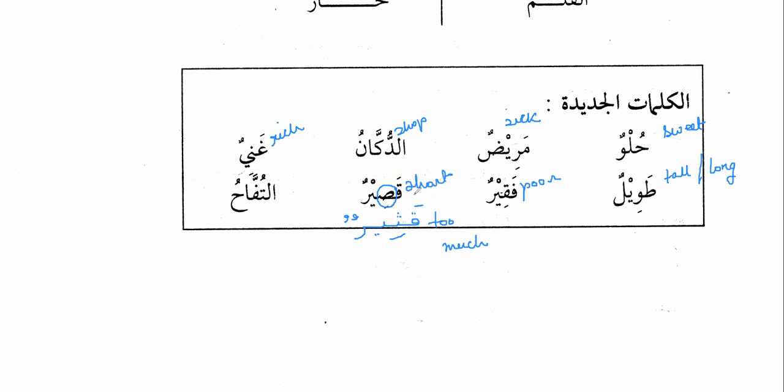So both sound similar, but due to the difference of one letter, sad and light tha, the meaning changes. Just like kalb and qalb with a heavy qaf. It's dog, and this is the human heart. And tuffah, apple.